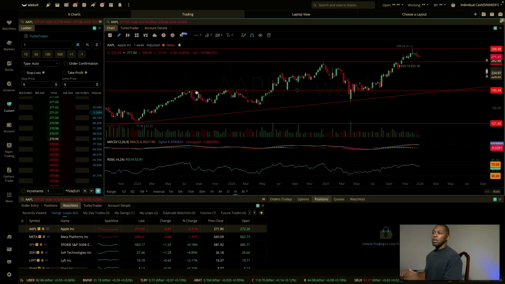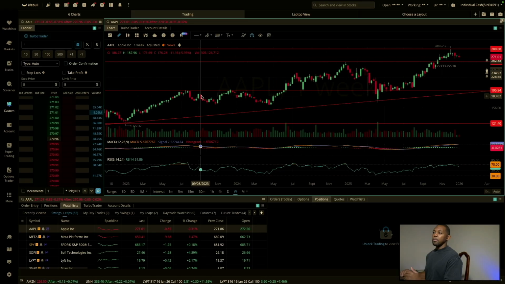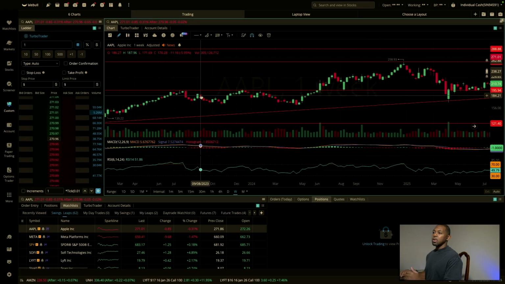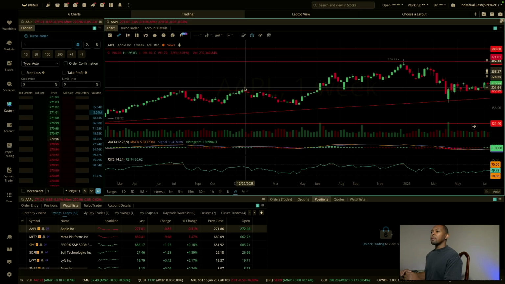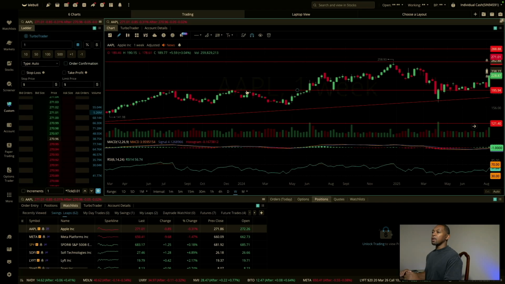We know that this is our level, so we can continue holding even if we're in the red. Now we're negative. But guess what? You hold on, and then we have a bearish engulfing right here. And then guess what happens next? Boom, we come back down, and you have a nice little profit. Take your profit.